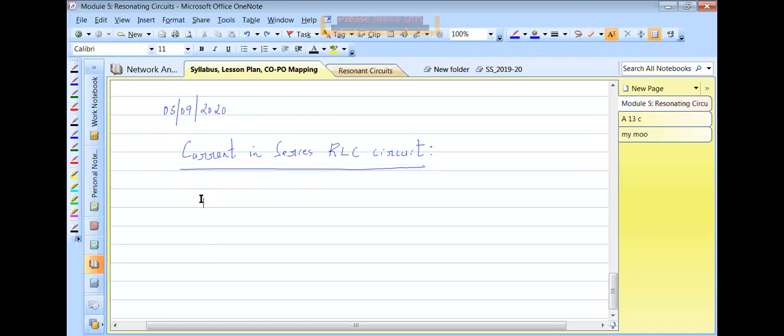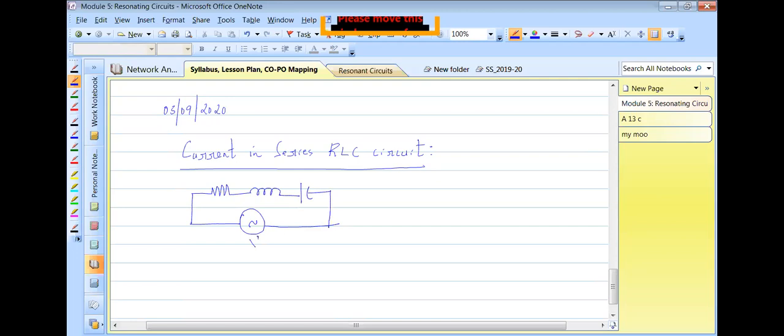Let's write the circuit diagram. The circuit diagram of series R, L and C would look like this. We are applying an AC voltage across series RLC.